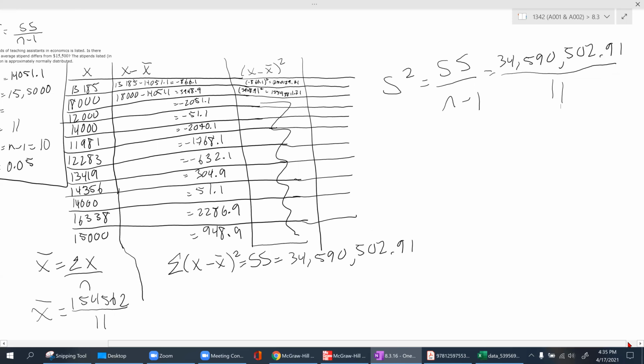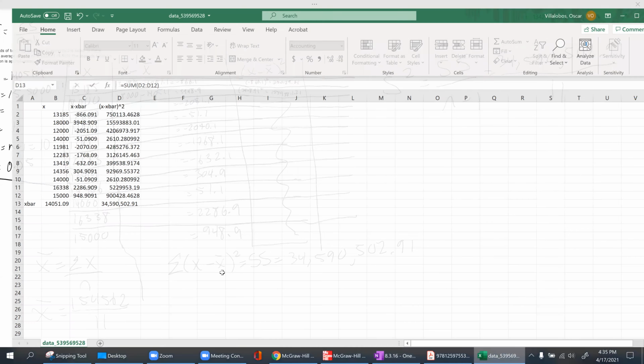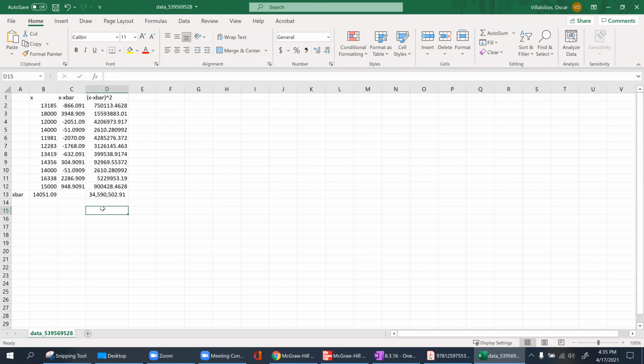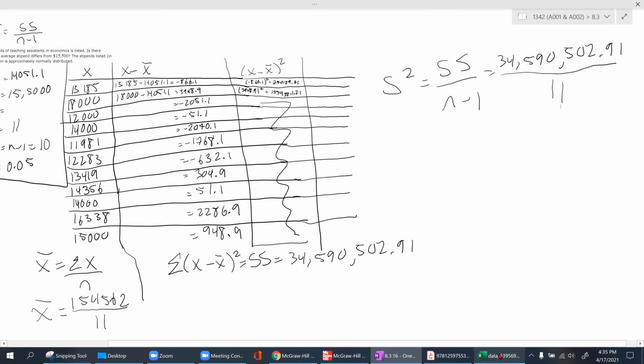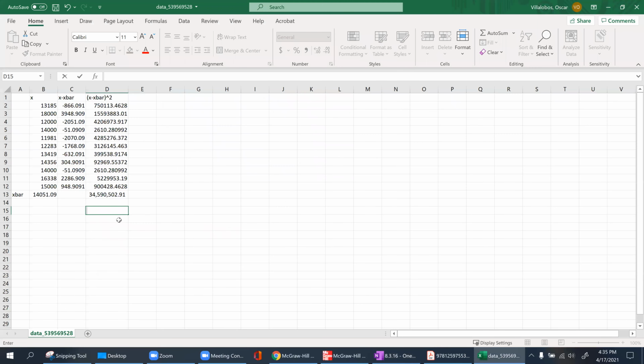Let's do this in Excel. This value divided by 11. Oh no, it's not 11. I almost did a whoopsie there. My degrees of freedom is 10, so be very careful. Divided by 10, it gives me that value right there.